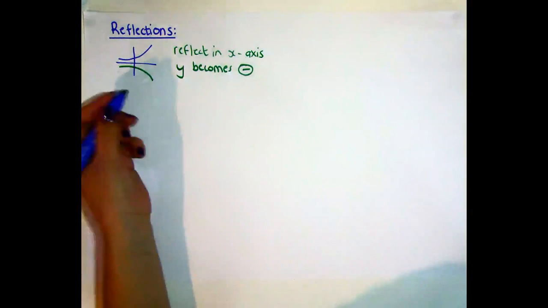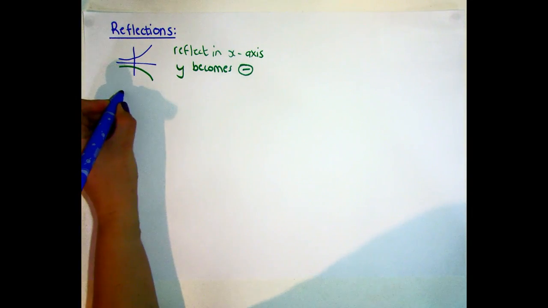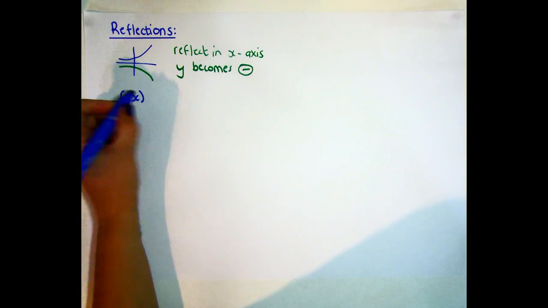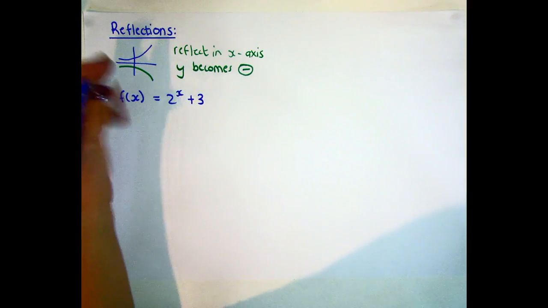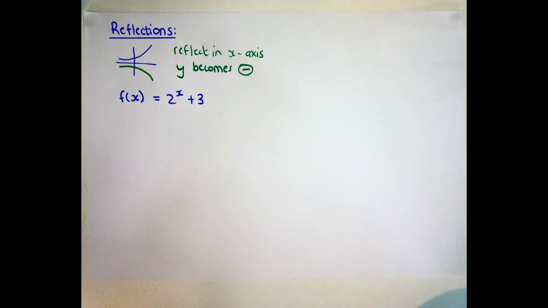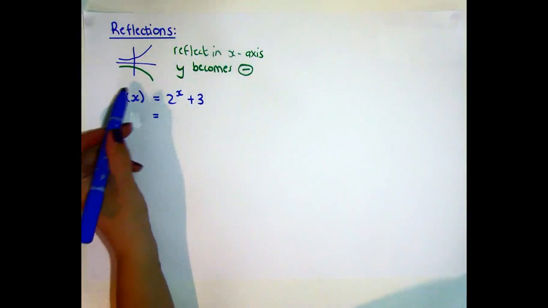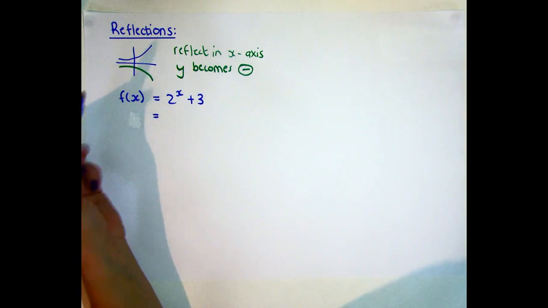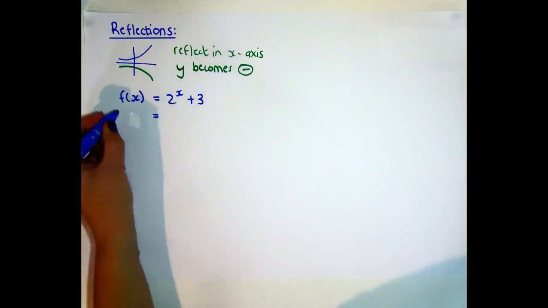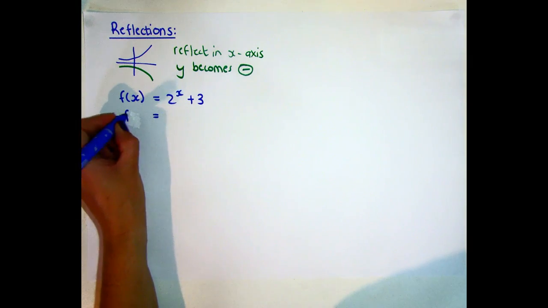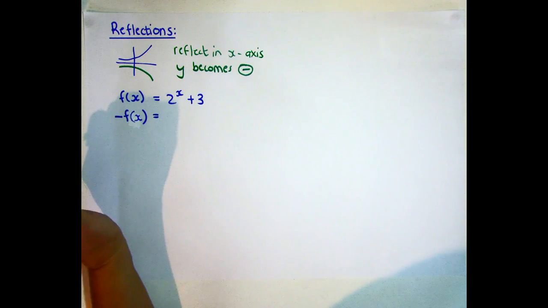Let's say we've got a graph of f of x. We'll take 2 to the x plus 3 again. So that would be that graph, but shifted up. And we're going to reflect that in the x-axis. The way that this will change the notation is f of x is y, and y becomes negative. So we will write a reflection in the x-axis as the negative f of x.